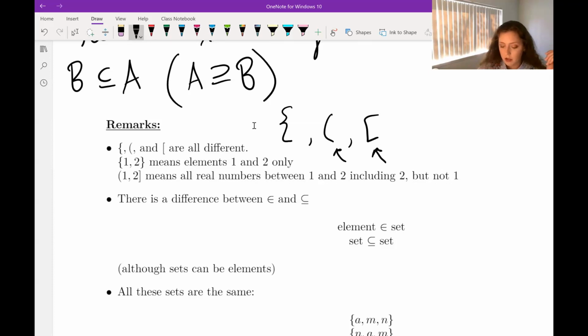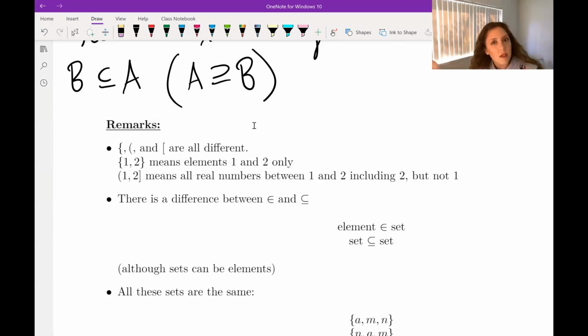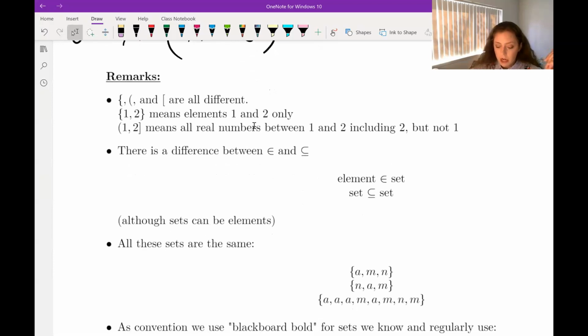But these little squiggly brackets are not indicating intervals. They're just saying the things that I'm listing in here, or the things that I'm describing, are the elements of my set.